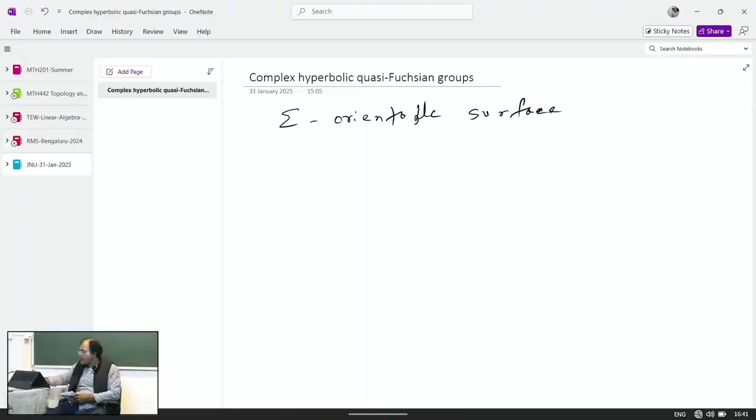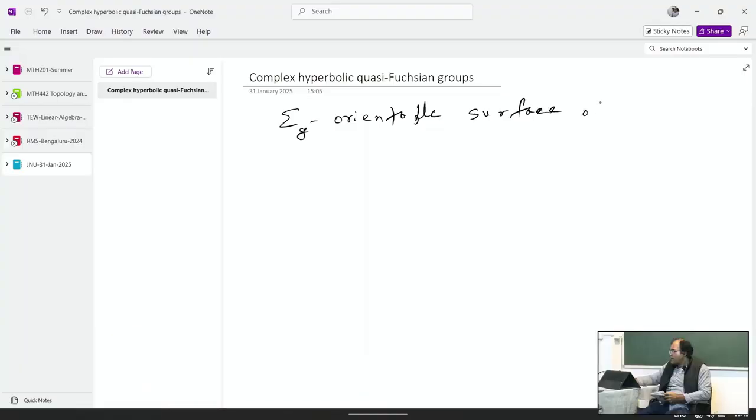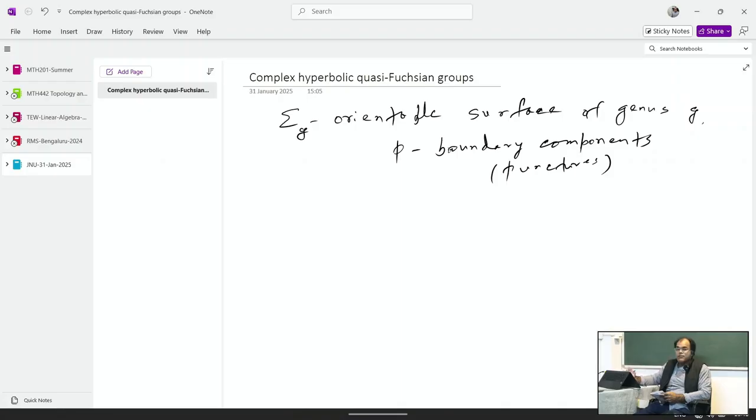surface of genus g, and you can have p boundary components. So I consider boundary components as punctures.